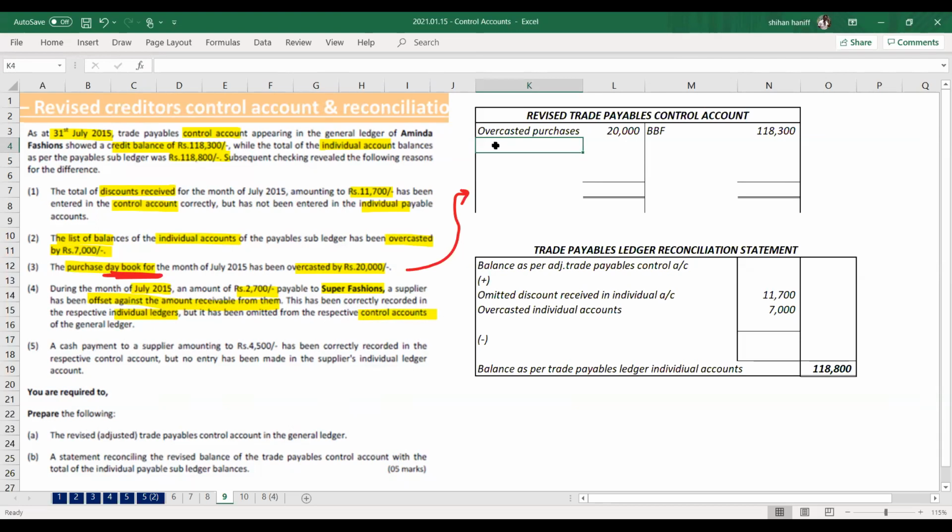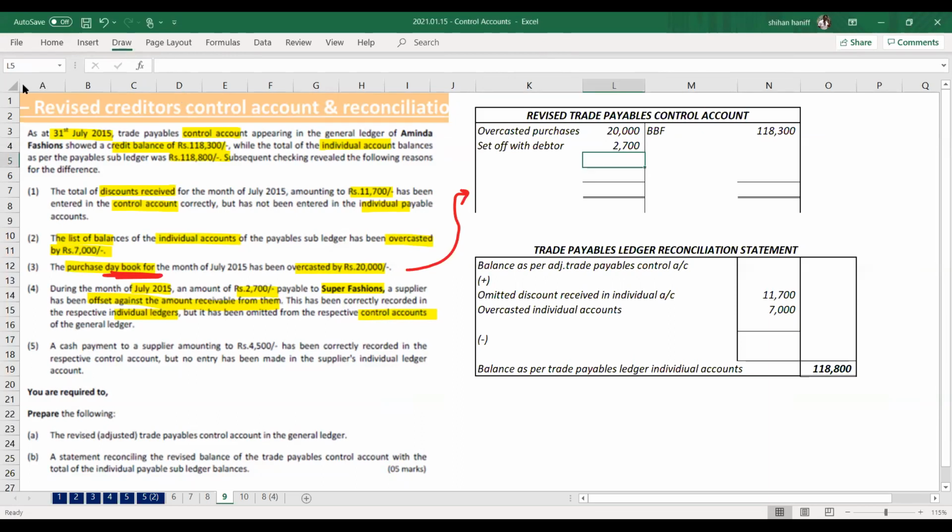We put debit, set off with debtors, 2,700. Debit. Set off with debtor is a debit balance in the payable control account.